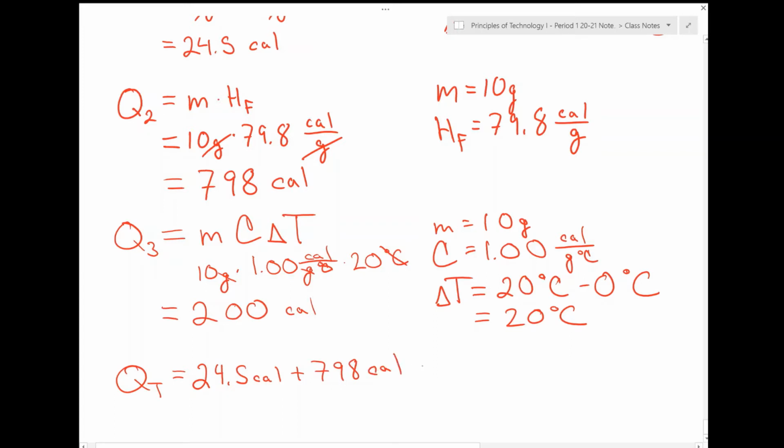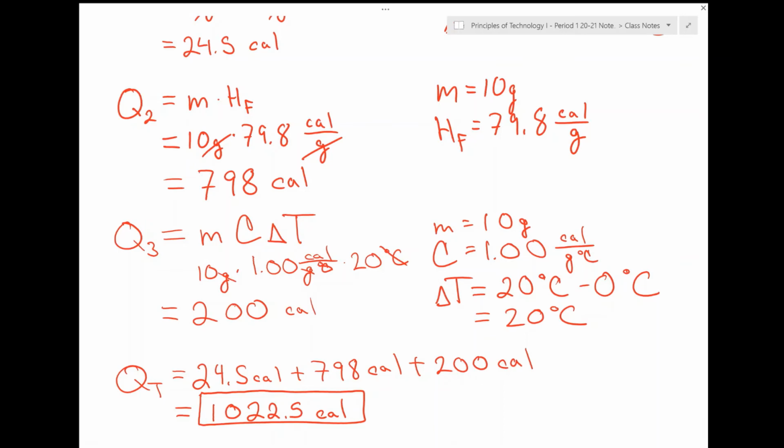And then we have 200 calories to go from 0 degrees Celsius to 20 degrees Celsius. Altogether, this gives a total of 1,022.5 calories required to change 10 grams of ice at a temperature of negative 5 degrees Celsius into liquid water at a temperature of 20 degrees Celsius.